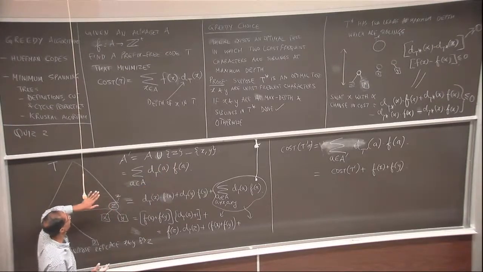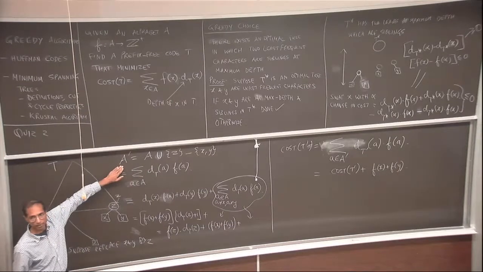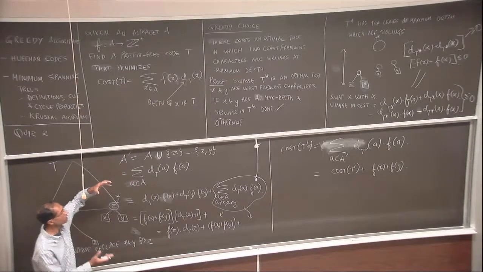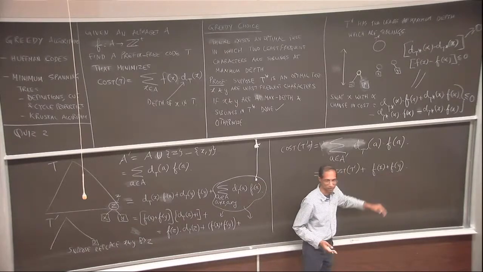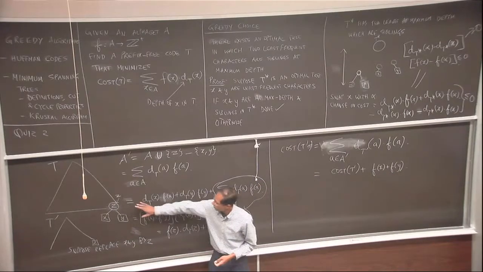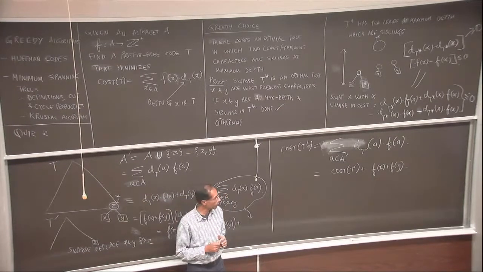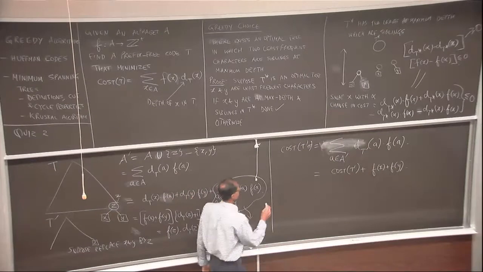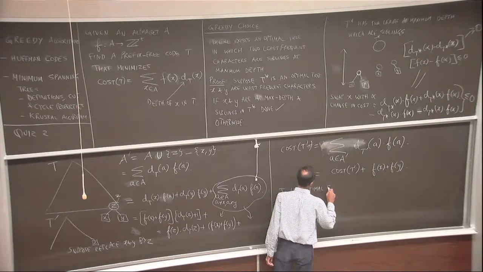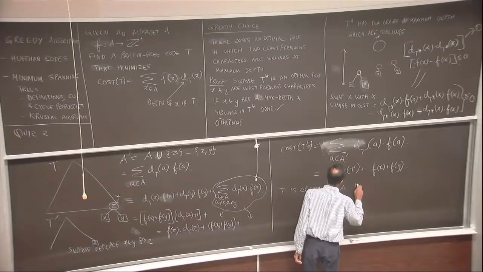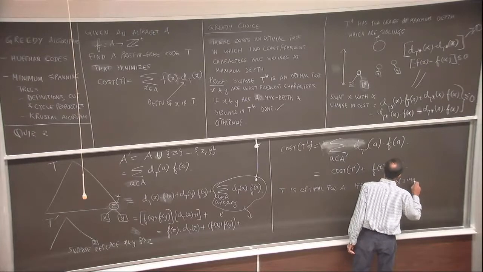So any solution for the alphabet A can be replaced by a solution for the alphabet A prime. The difference between the two trees' cost is just the sum of the frequencies f of x plus f of y, which corresponds to this difference that we didn't count. So what this means is that T is optimal for A if and only if T prime is optimal for A prime.